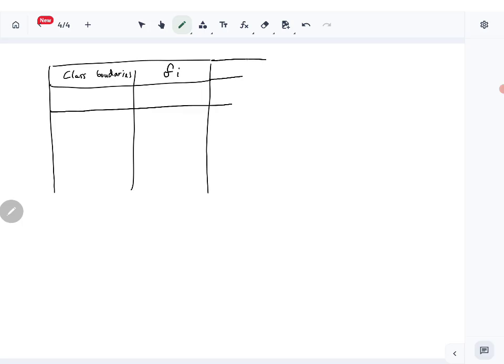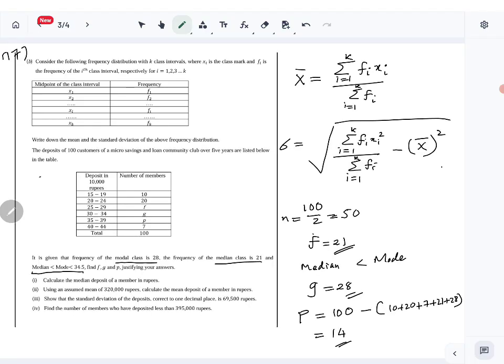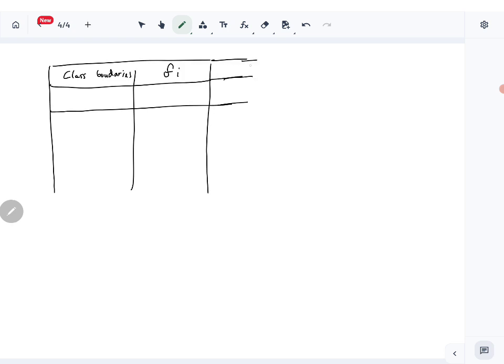We don't need midpoint for median. For median we only need frequency and cumulative frequency. So let's put cumulative frequency here.